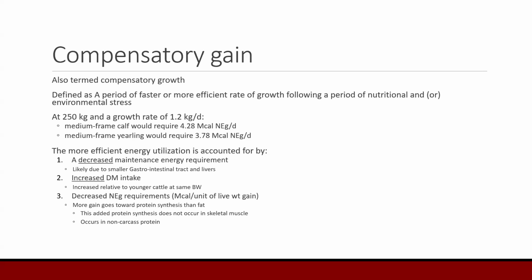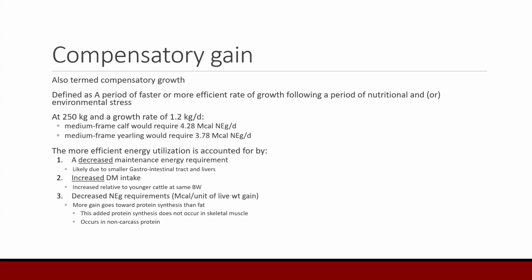So obviously, this calf, which is about 500 pounds, probably weaned at 500 pounds, didn't really experience a period of malnutrition. However, this yearling is a year old and weighs the same amount as a calf, so it probably went through a period of malnutrition. Because of that, they require less NEG than the calf at the same rate of gain.